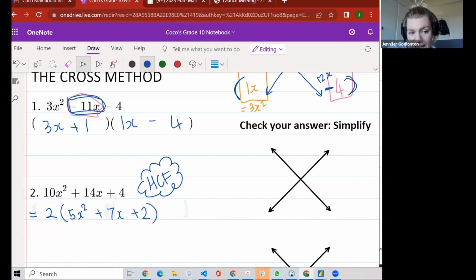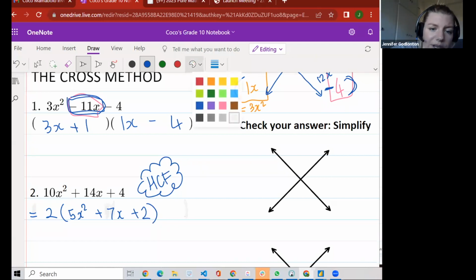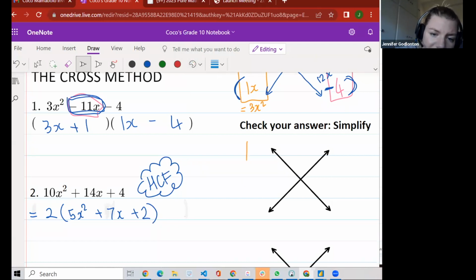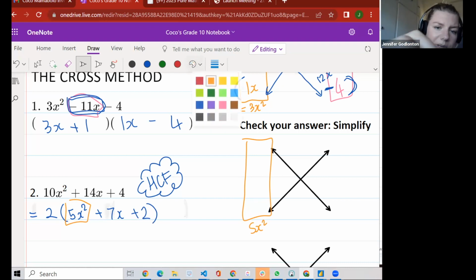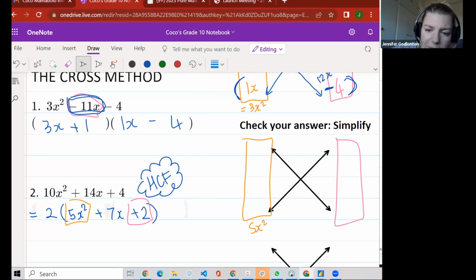Now that I've done that, I want you to try and work with your crisscross. So I'm going to try and make some helping steps for you over here. This orange, you need to get 5x squared. And I'm going to keep it in the same color as we did the last one. This pink over here, when we multiply them, I need to get my 2.